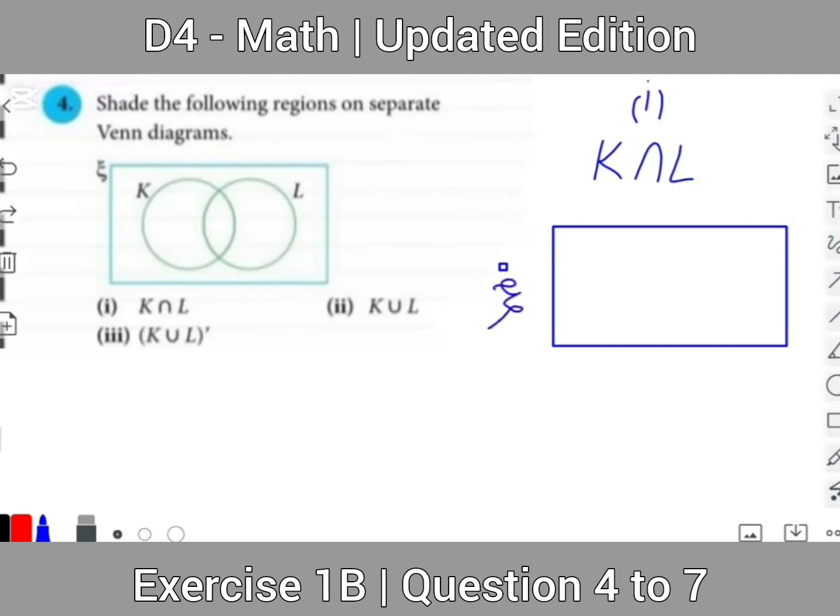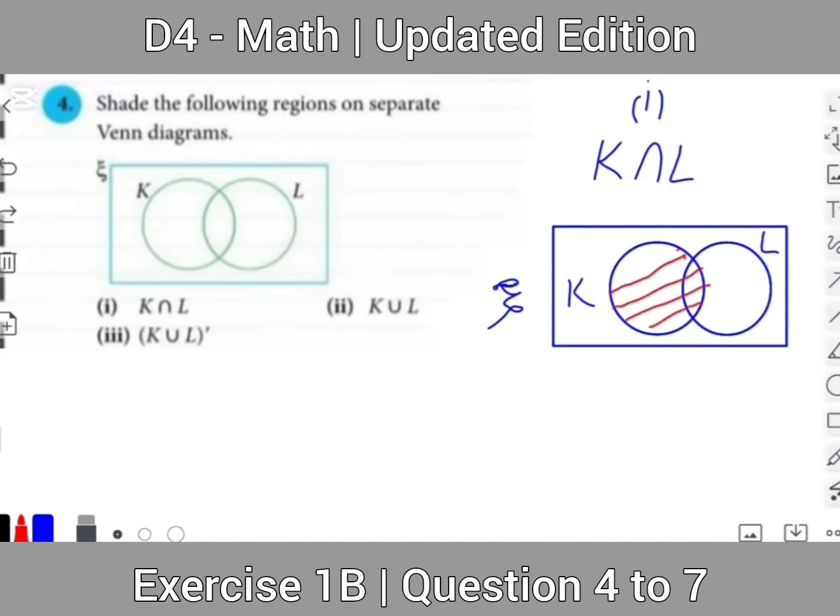And inside it, we will draw two overlapping circles, one for the set K and the other for the set L. Now we will shade the region for the set K only with red color. So the area shaded in red represents the set K only.